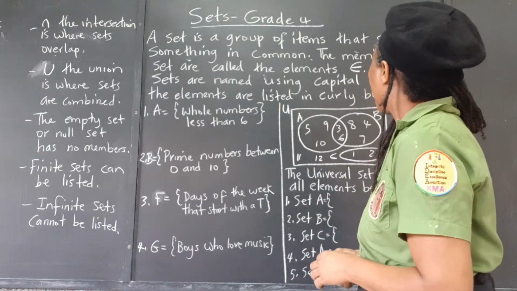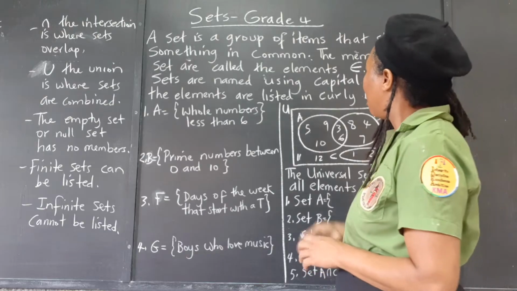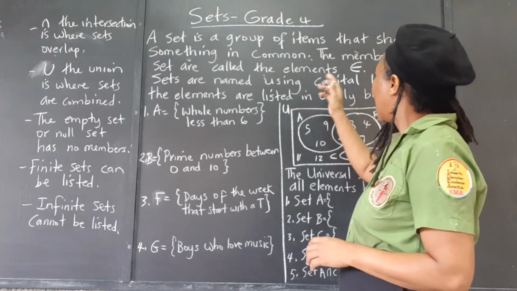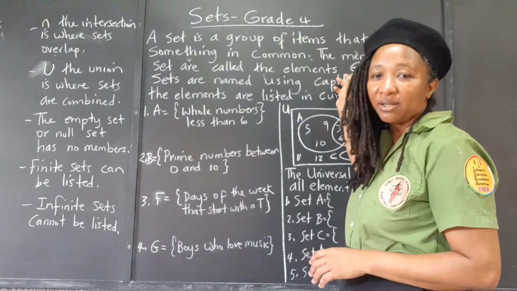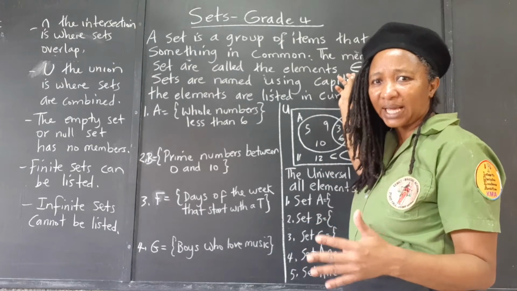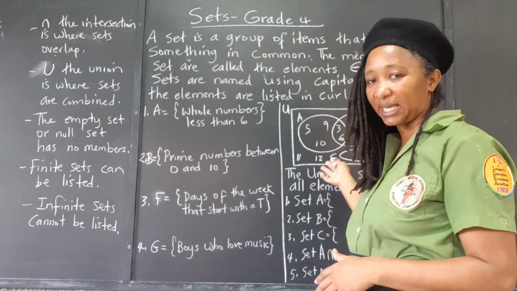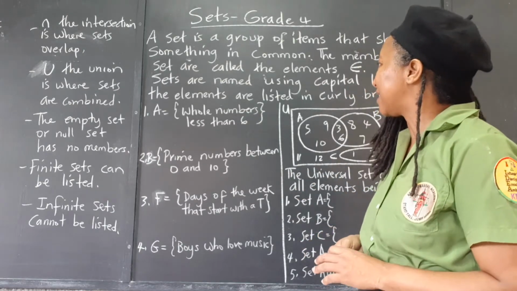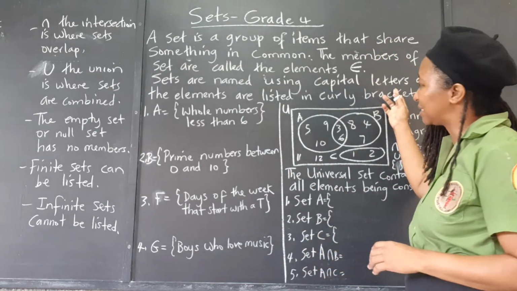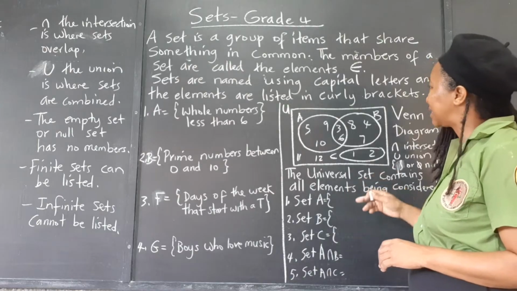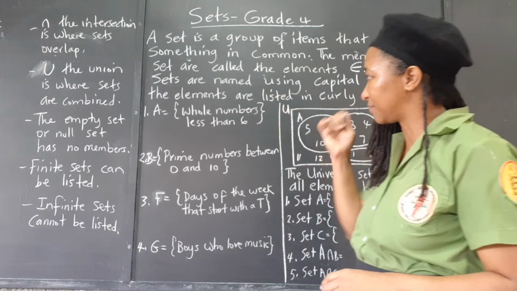The members of a set are called the elements, and we use this symbol that kind of looks like an E to say one thing is an element of this set. Sets are named using capital letters, and the elements are listed in curly brackets.